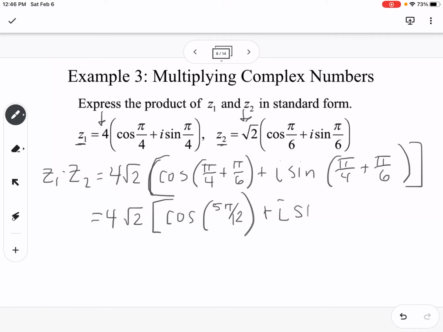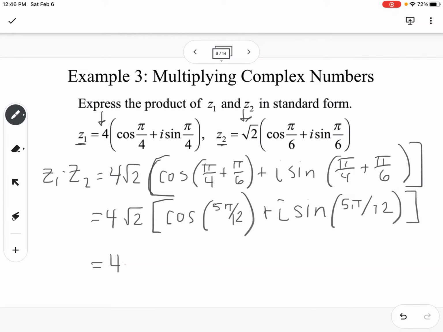Plus i times the sine of 5 pi over 12. If you want to put the value back into non-polar form, then we can just multiply.